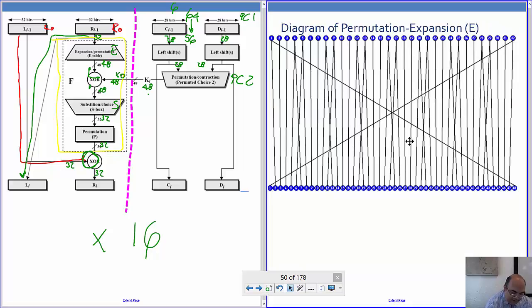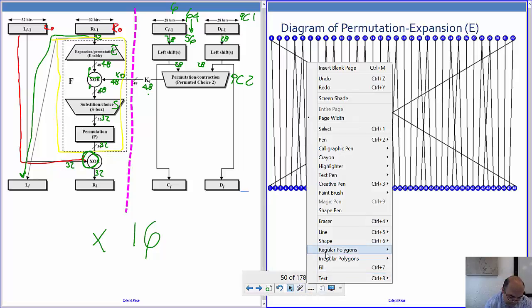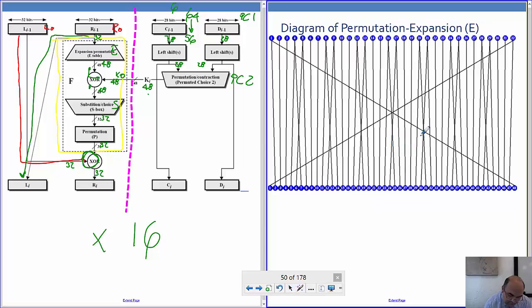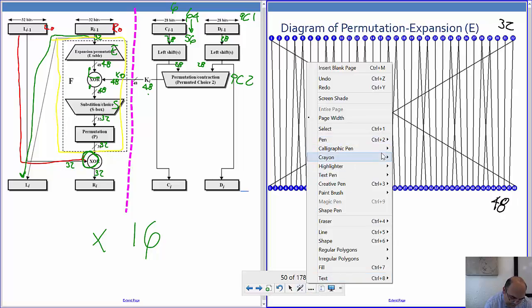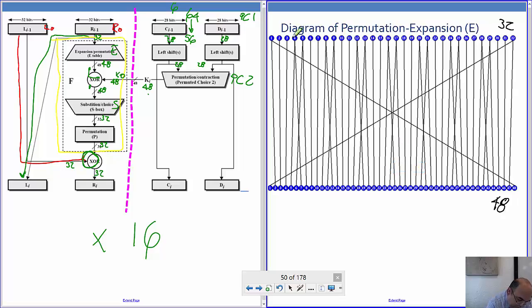So this is the permutation expansion. So this is what happens here. As you can see, it's an expansion. We have 32 bits input, and in the output we have 48 bits. As you can see, there are some of these: this one, this one, this one, this one, this one.